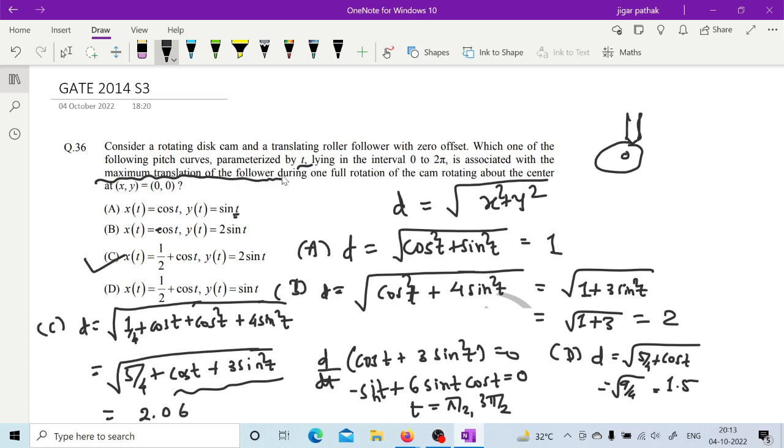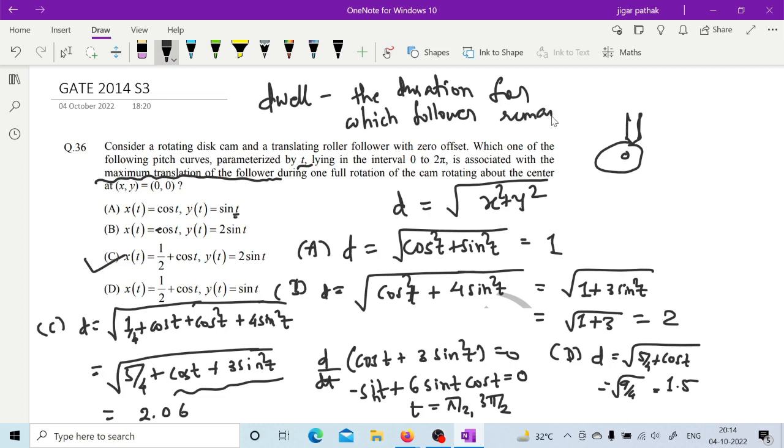Dwell means the duration for which the follower remains steady, right? The follower remains steady.